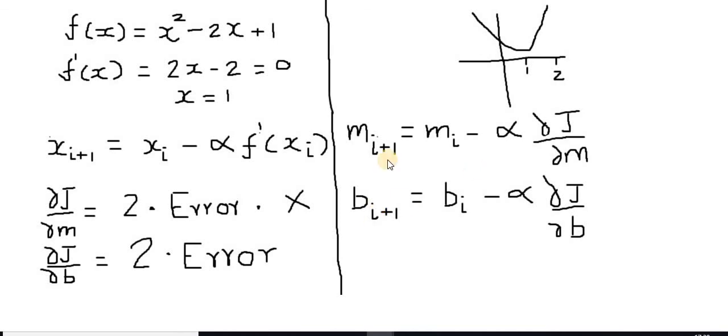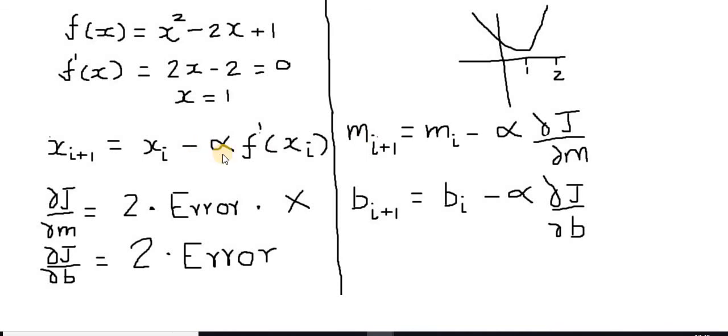And in this equation, instead of x of i plus 1, we can modify it as m of i plus 1 is equal to m i minus alpha into dou j by dou m.